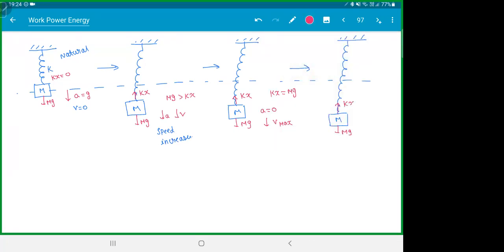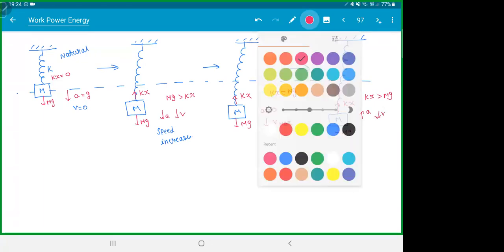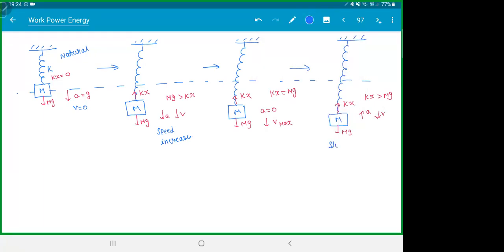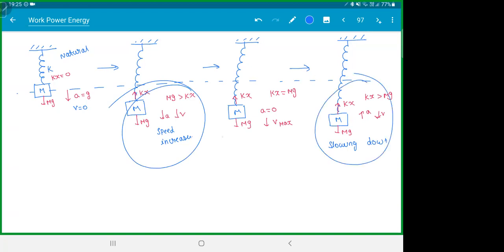This is kx. Now the spring force kx has become greater than mg. Acceleration is upward, velocity is downward. Now it is slowing down. That is how I know case 3 is actually maximum speed. Because see, here it is speeding, here it is slowing, so this should be maximum. You reach the maximum value.